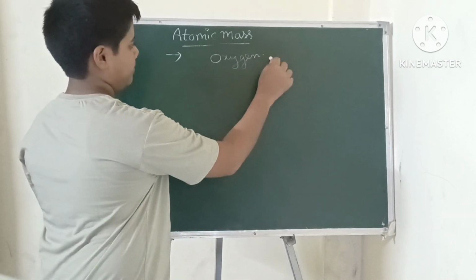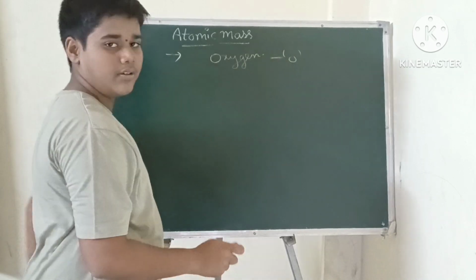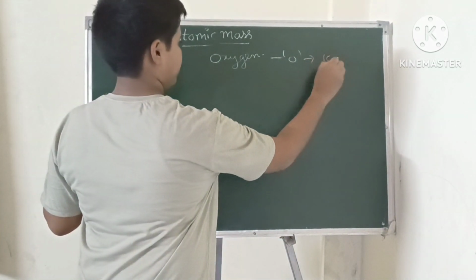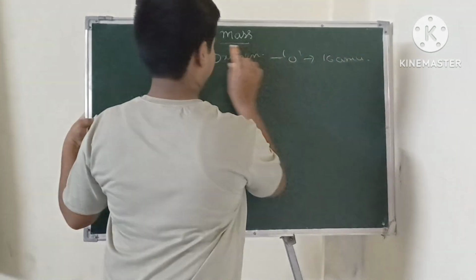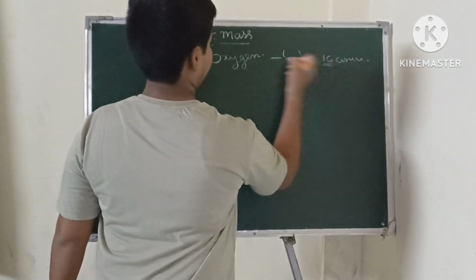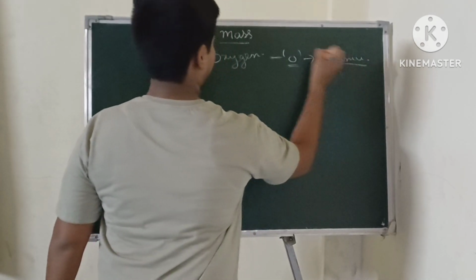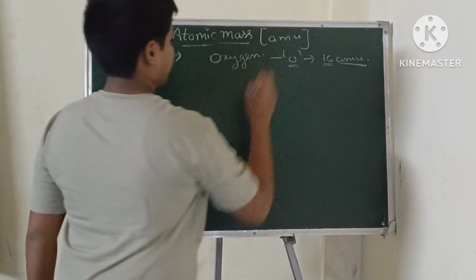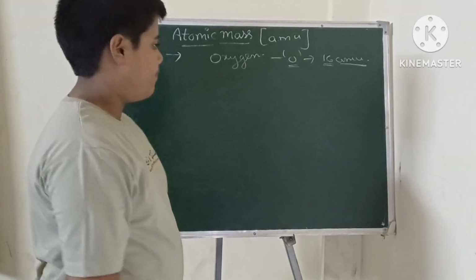Here the oxygen atom is O. So O has 16 AMU as atomic mass, because the O weight is 16 and we have to add the unit, atomic mass unit, AMU.